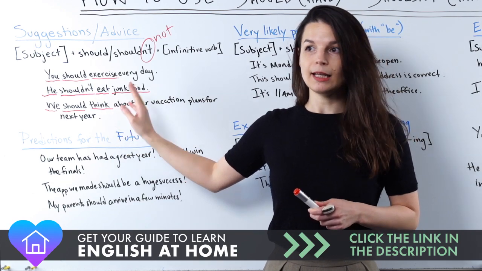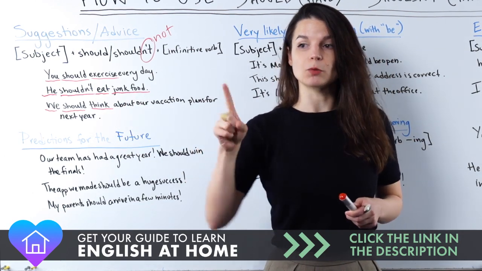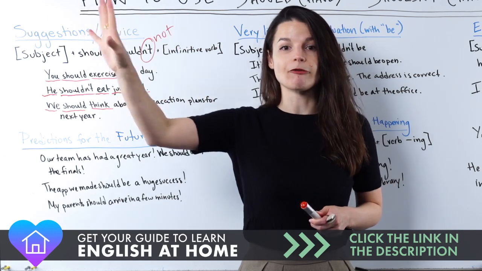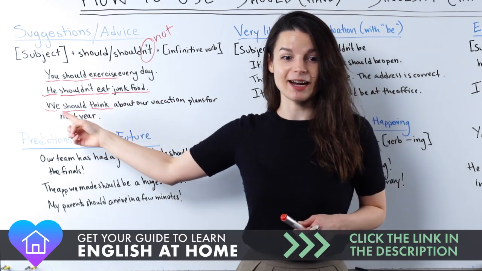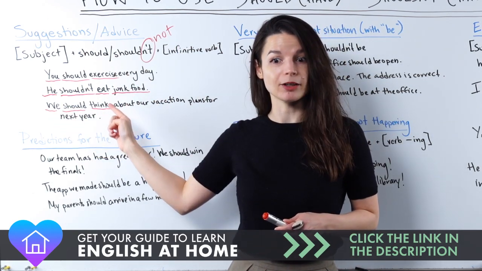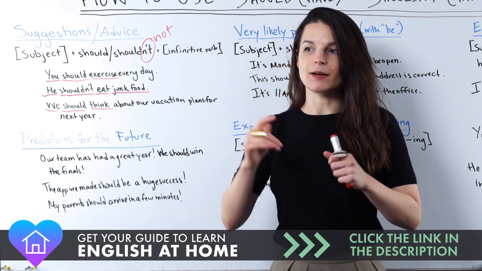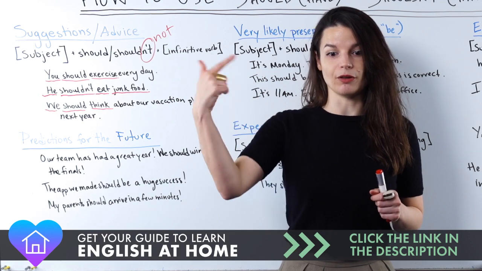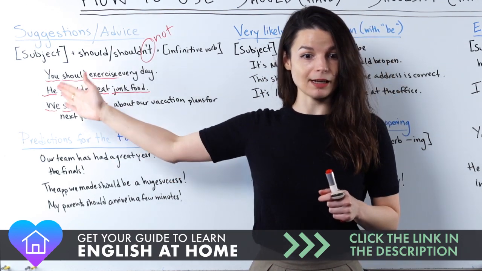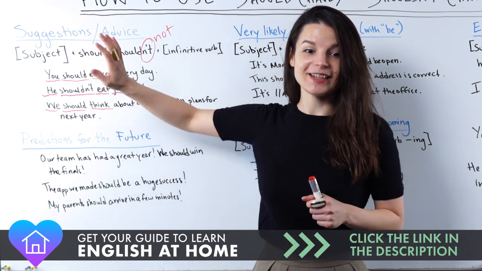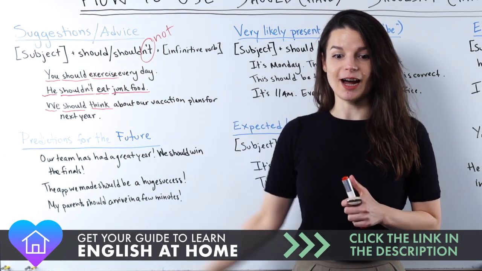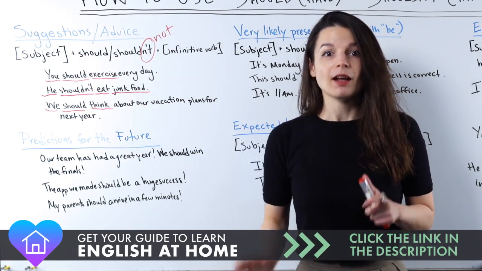You might hear this pattern in planning situations. We should think about something for the future. It's a useful pattern. We should think about, or you should think about. It's like saying, please consider this for the future, but you're giving a recommendation. So this is the first use of should I want to talk about today.